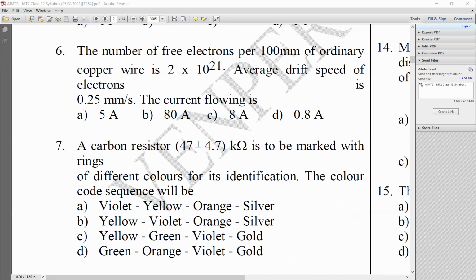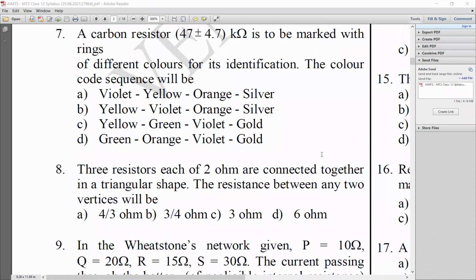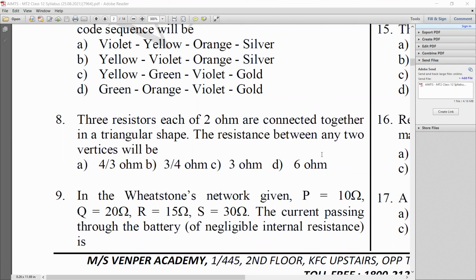Question number 8. Three resistors, each of 2 ohm, are connected together in a triangular shape. The resistance between any two vertices will be.